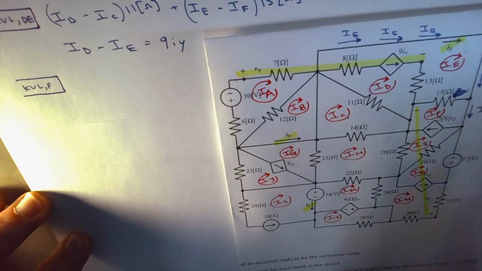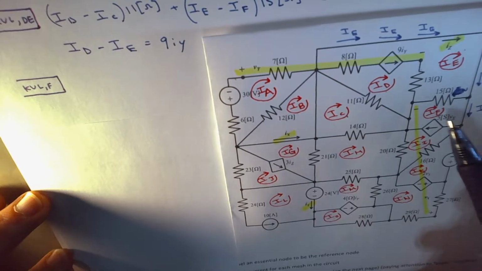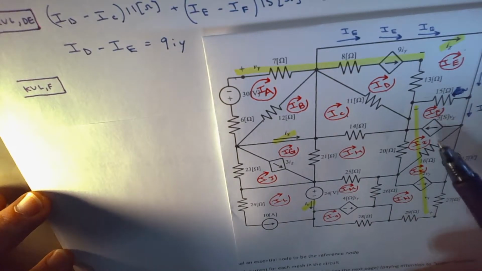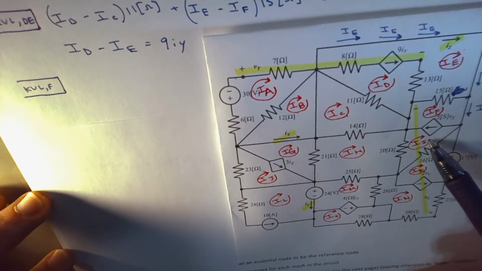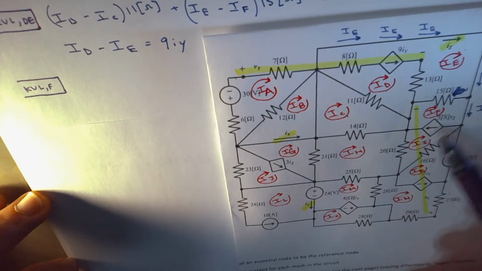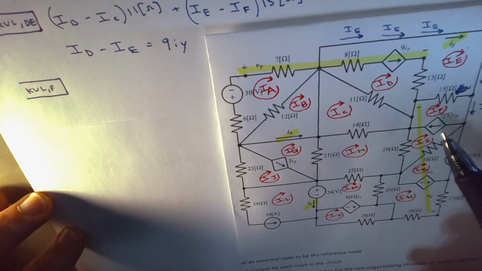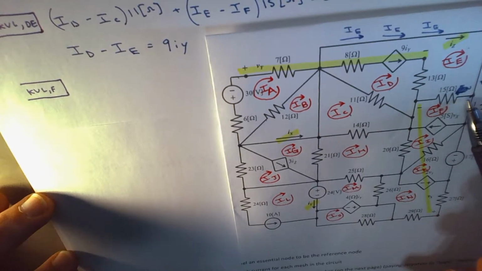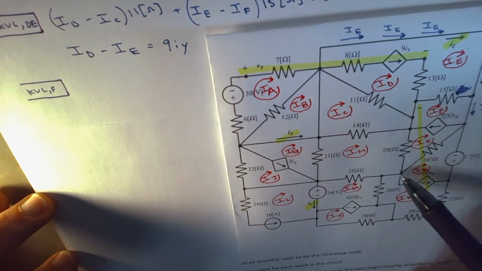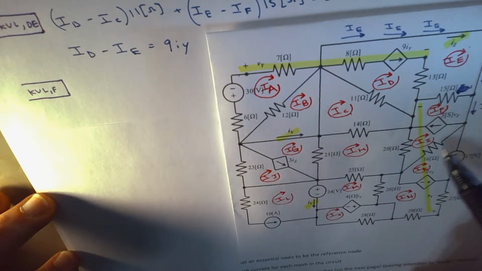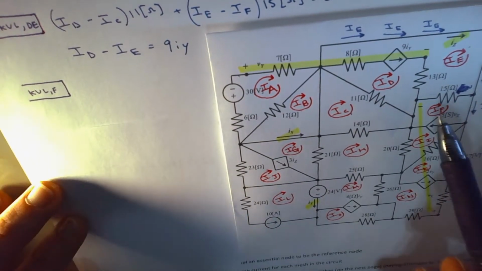Let's do this again for F. Here I notice that IF is adjacent to II, and there's a current source between them. So I'm going to do the same thing. I'm going to make a KVL equation that goes around both of those adjacent meshes.